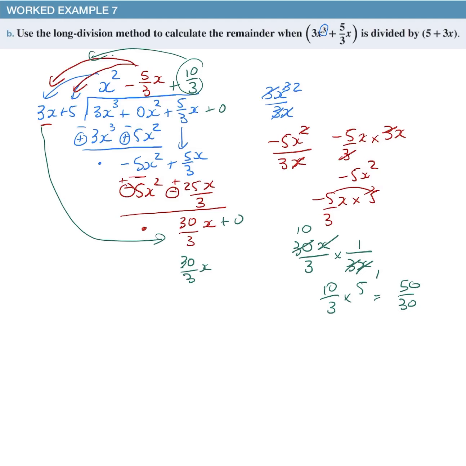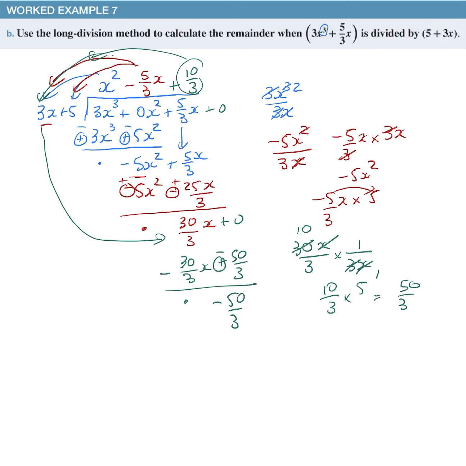Whoops. 50 over 3. So this will be 10 times 3x is 30 over 3x. 10 times 5 is plus 50 over 3. Now I'm going to subtract. So this becomes negative and this positive becomes negative. I subtract, my answer is 0. I have 0 take away 50, which is negative 50 over 3.